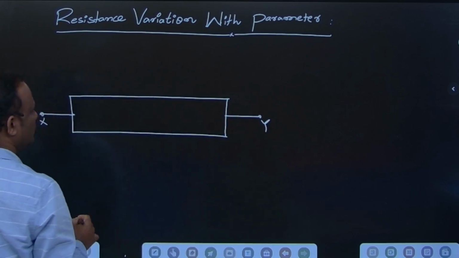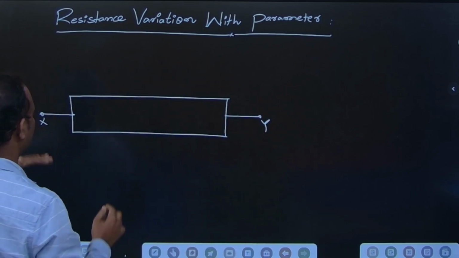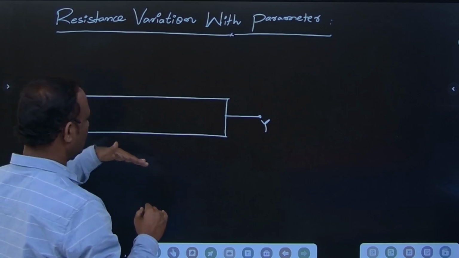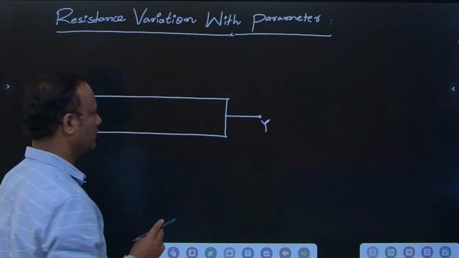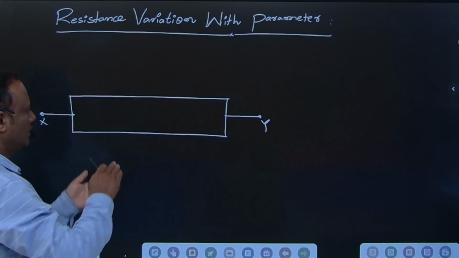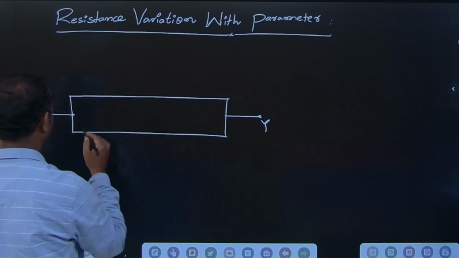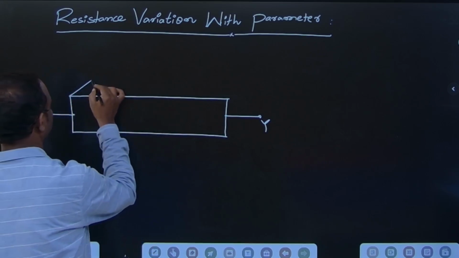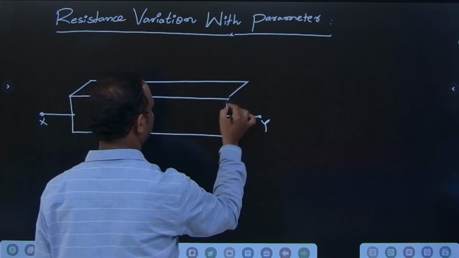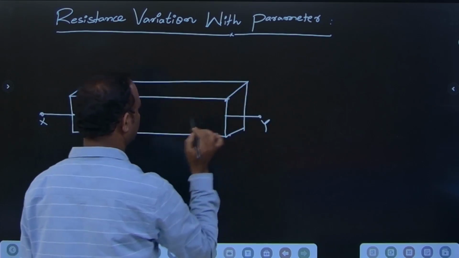So if it is divided, the resistivity is changing perpendicular to its length, from here. Take it as a three-dimensional body.